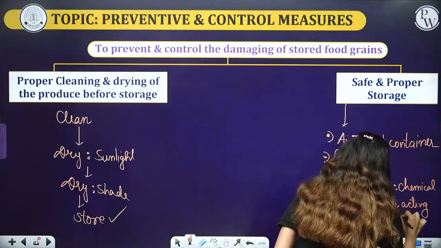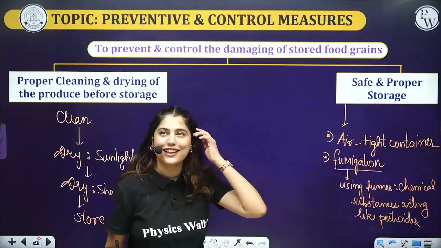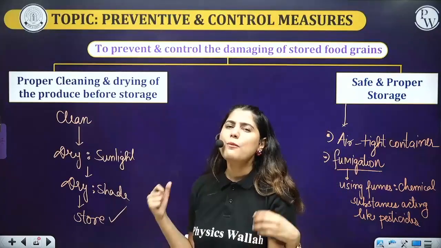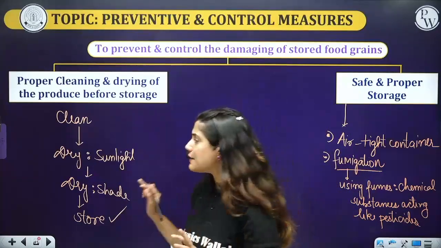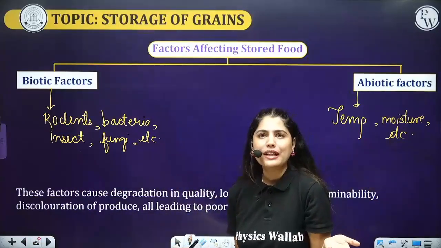They are the pesticides which are going to kill the pest while you are storing them in an airtight container, right? The more the moisture, generally the more is the growth of these microorganisms, hence we do not want that. Now you'll be like, ma'am, let the crops be damaged, right?